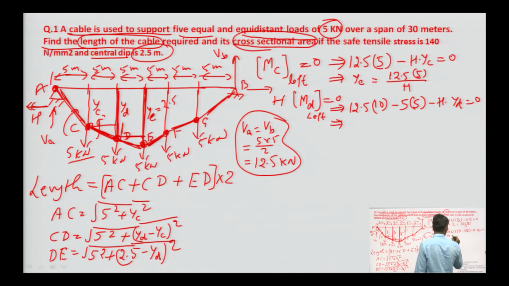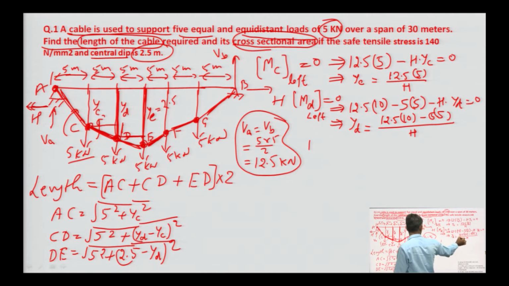So the value of YD is 12.5 multiplied by 10 minus 5 into 5, divided by H.